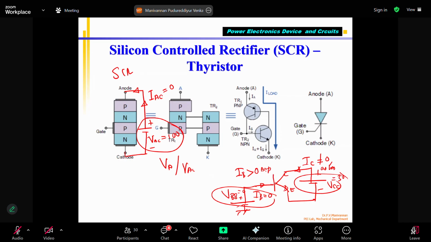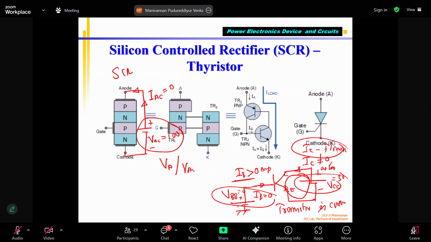That depends on voltage. Only when you supply a base current greater than 0, IC will flow. If IC flows, then we say the transistor is conducting.